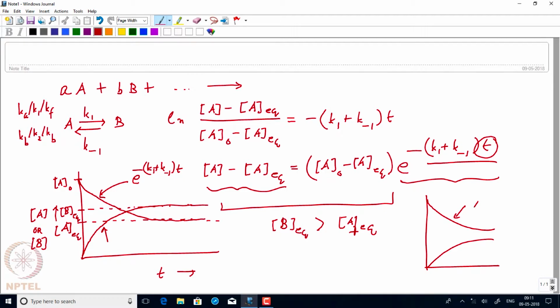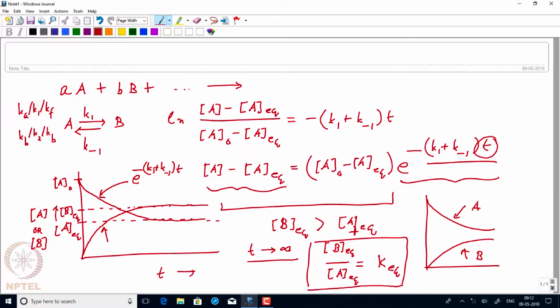This is for A and this is for B. So the amount of the product in this case at a very long time, when t goes to infinity, in the long time limit, is actually constant, and the ratio can be connected to the equilibrium ratio of B and A, which is nothing but your equilibrium constant, the thermodynamic equilibrium constant.